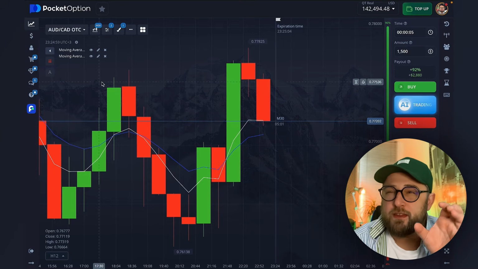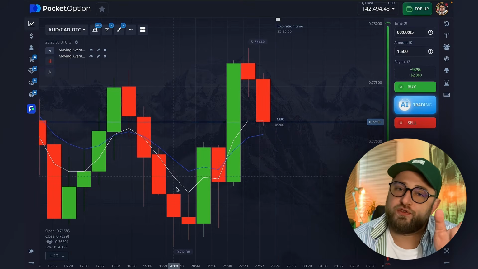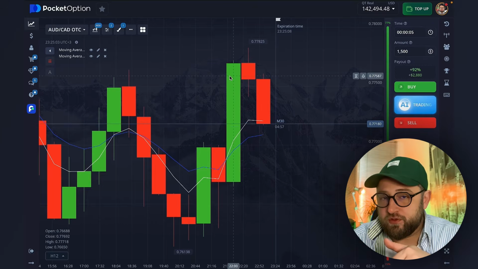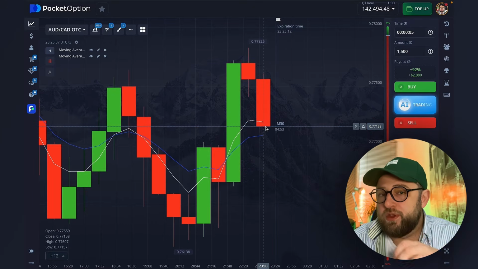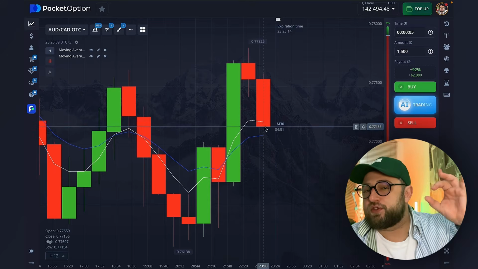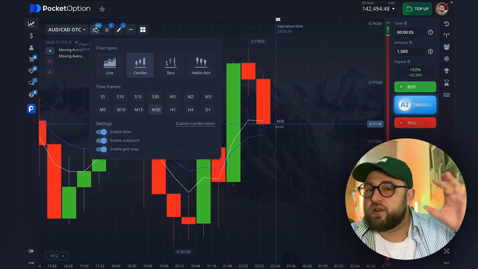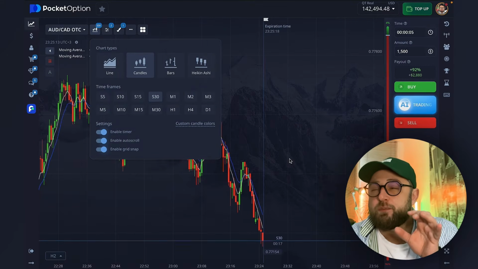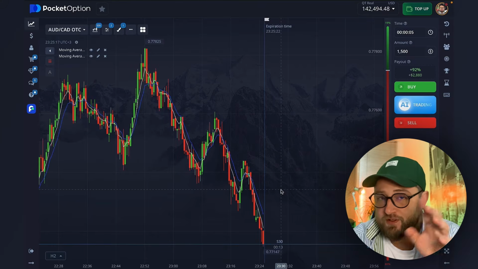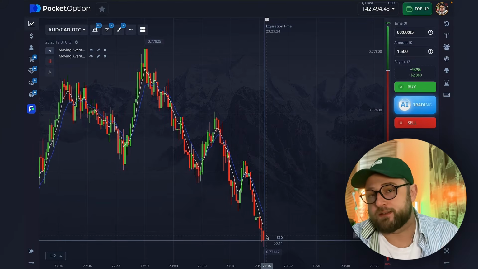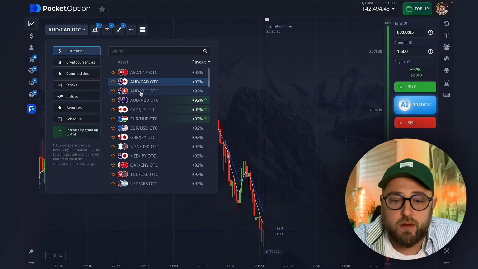We need to find the moments between the cross or after the cross, and I prefer between the cross, when we see that two lines are going toward each other, and this is the perfect time. But we see this on M30. This is the main picture for us, M30, okay?